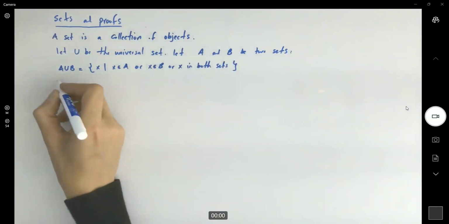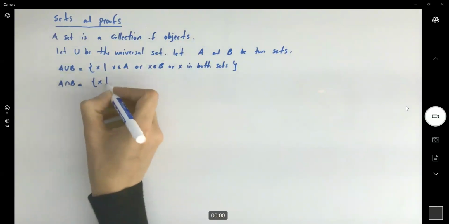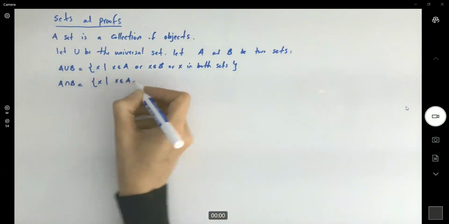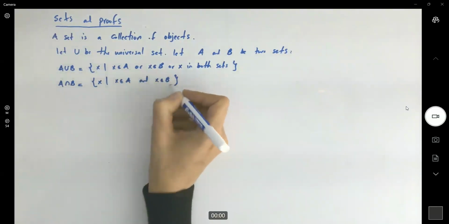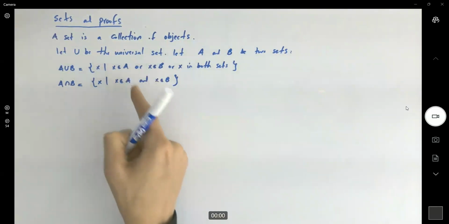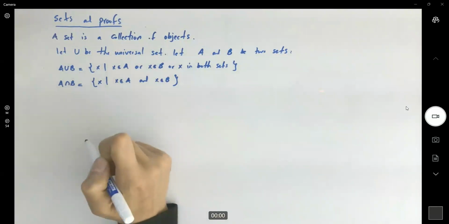We introduced the intersection. A intersection B is the collection of all X values such that X is in A and X is in B. Remember the keywords that you're using here: or for union and and for intersection.